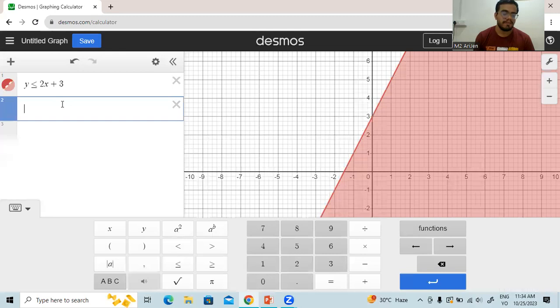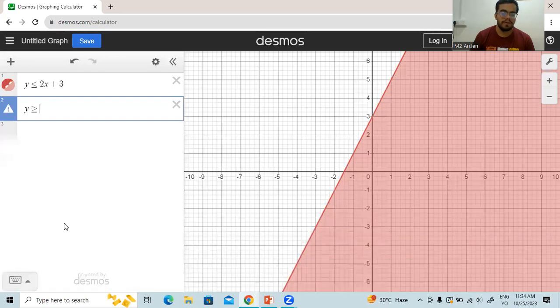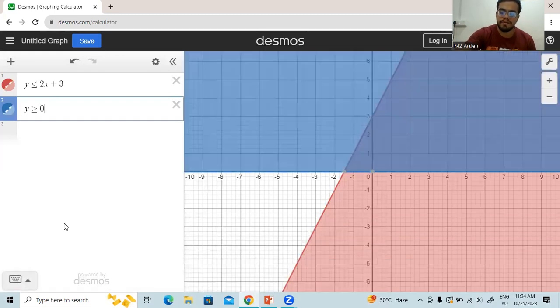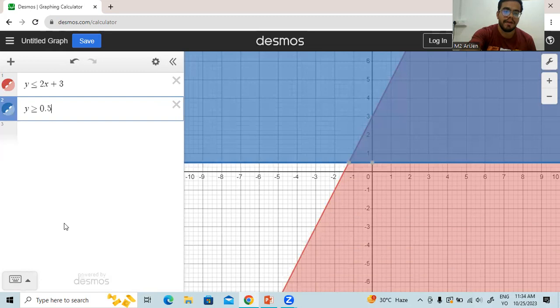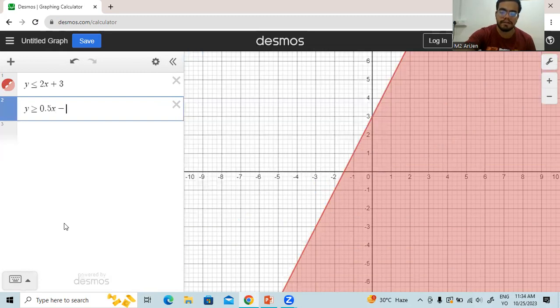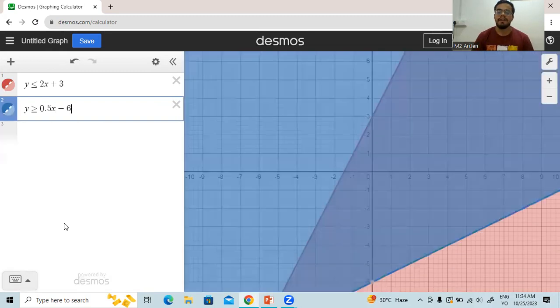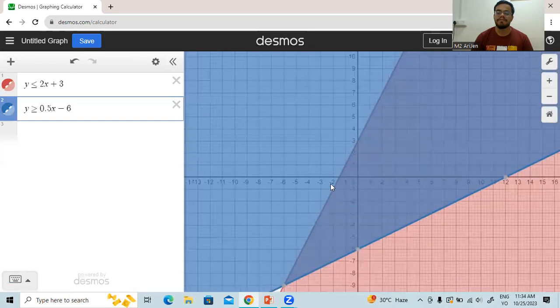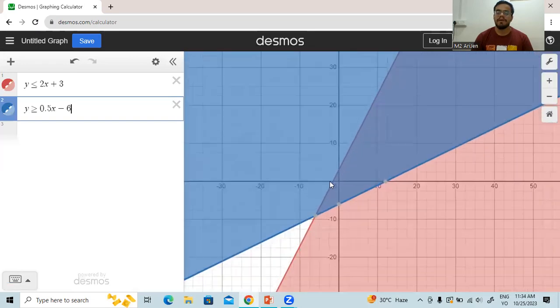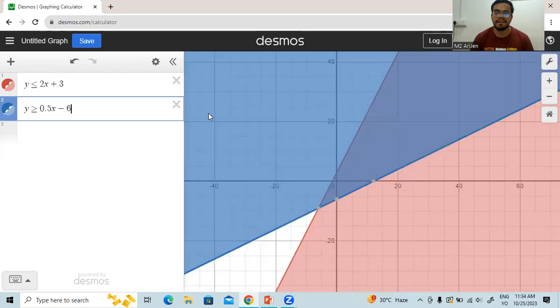Now let's plot the next one. So y is greater than or equal to 0.5x minus 6, right? So let's have a look. Now you can clearly see, right?